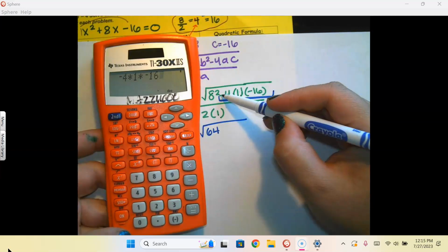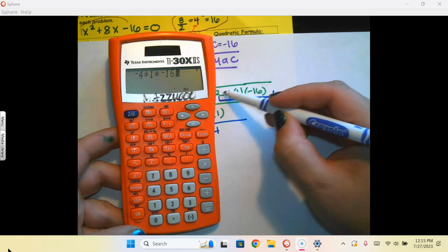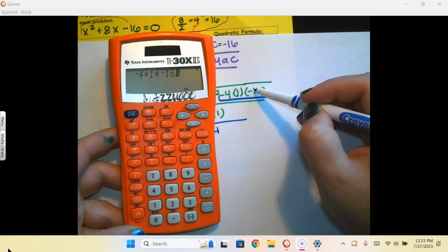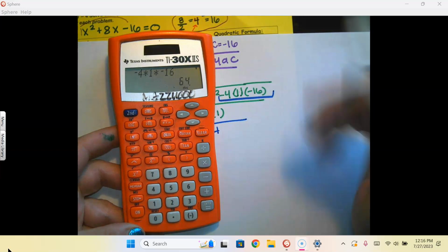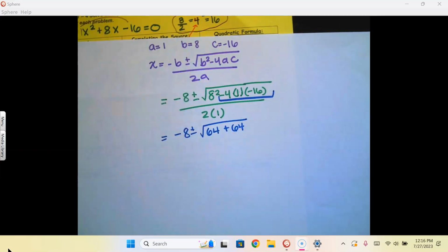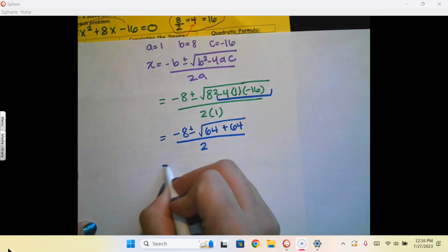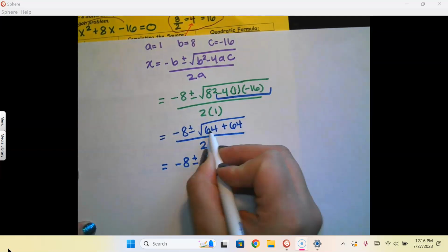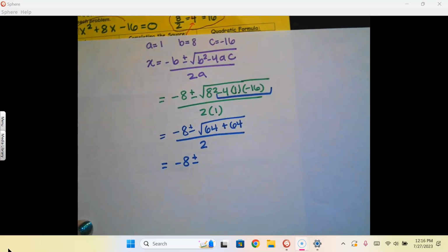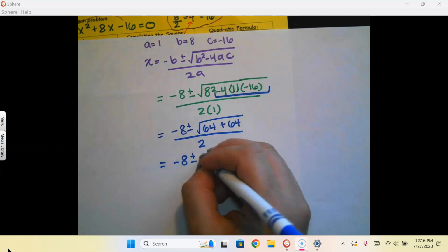So this negative, I'm not going to bring it down here necessarily. It's already being taken up with this negative 4 right here. So when I click equals, it's a positive 64. Okay, then we have 2 times 1 is 2. And now we're going to add 64 plus 64, which is 128.